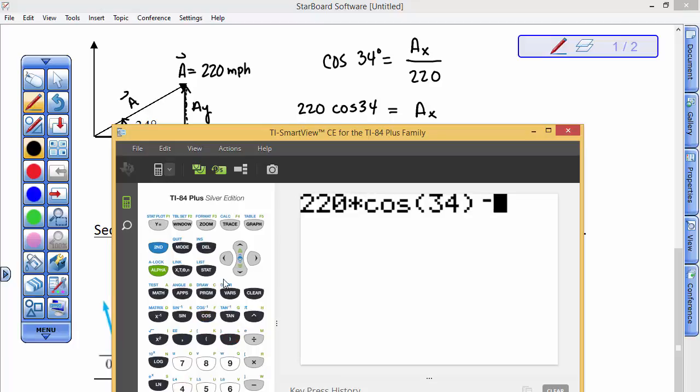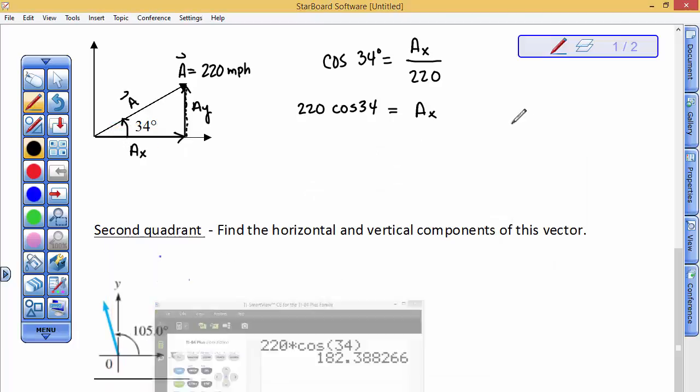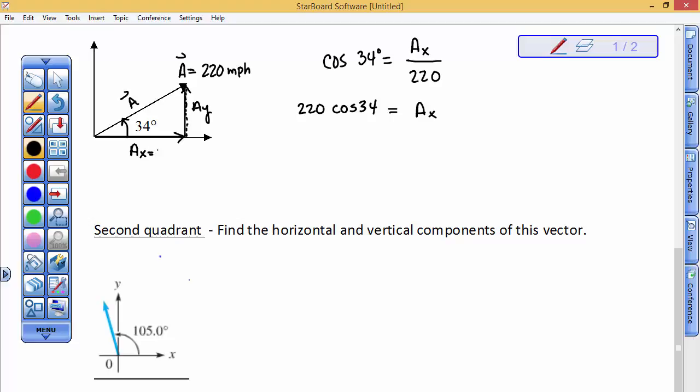And I'd find out that it's 182. That means the length of this line right here is 182. I'm sorry, I don't remember what the decimal value was.